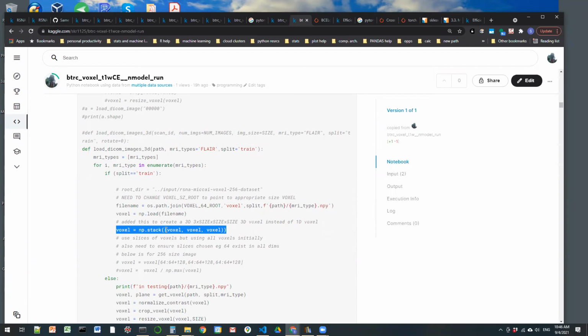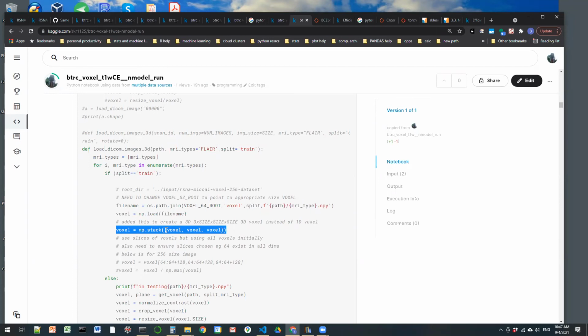The secondary reason, which I think Mehul and Steve had mentioned, and we discussed offline, is that I wanted to build the capability to potentially provide a different MRI type in each of the channels.